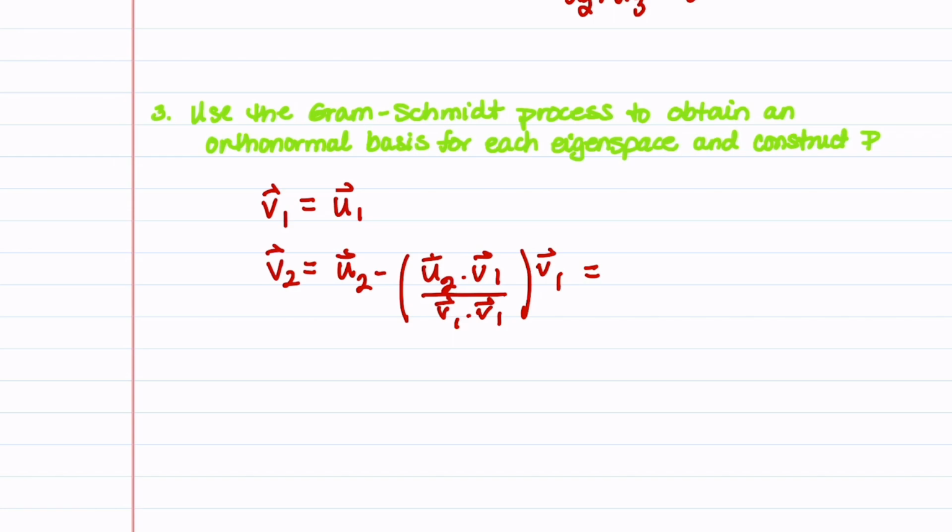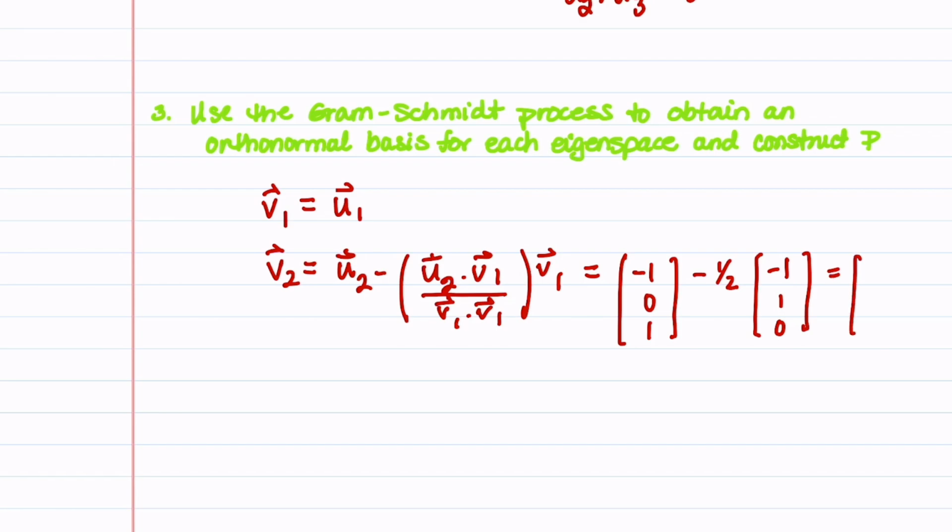What we get is (-1, 0, 1), that's our U2, minus, when we do all the dot products, we end up with 1/2 times our V1, which is (-1, 1, 0). And that gives us (-1/2, -1/2, 1). So we now have orthogonal vectors in our basis.